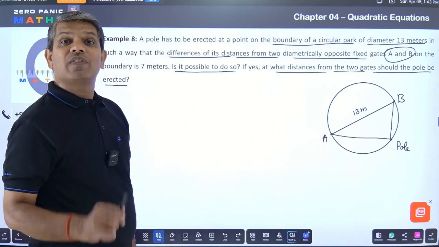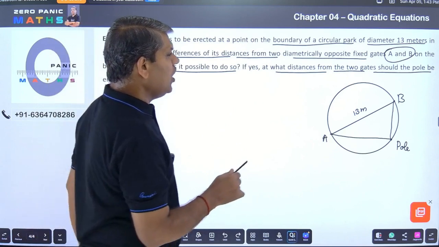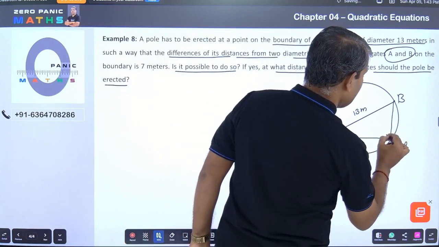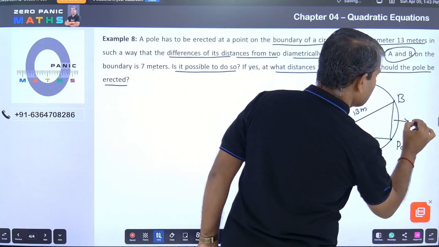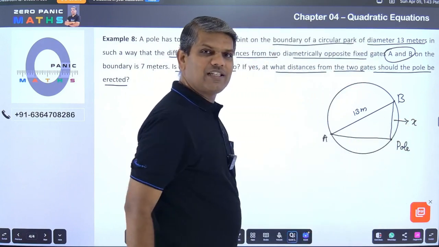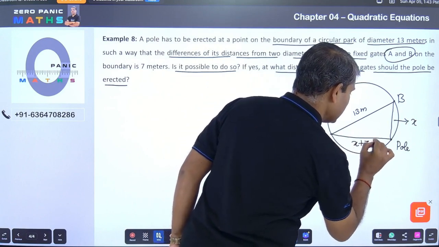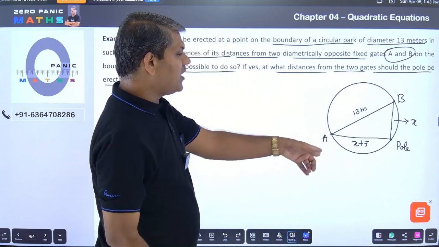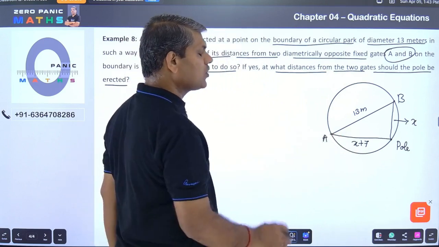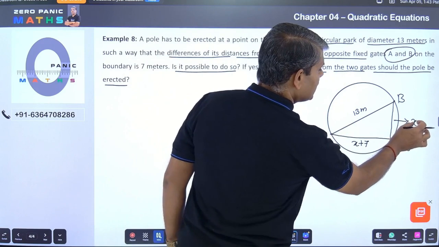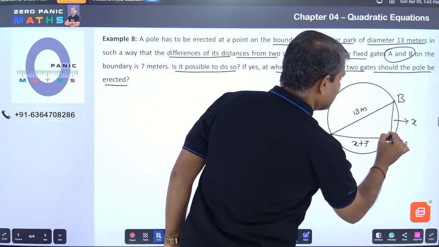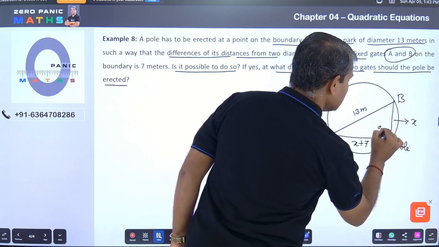Suppose this is x. If this is x, then it will be x plus 7, right? Because the difference is 7. So we can say that this is 90 degree.